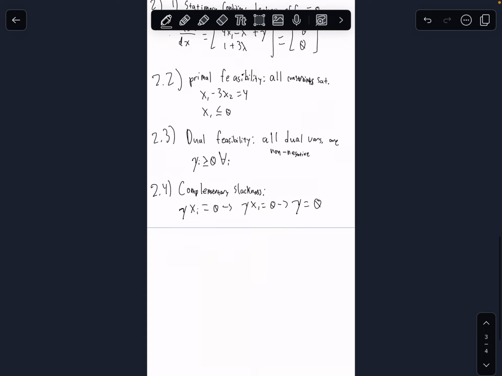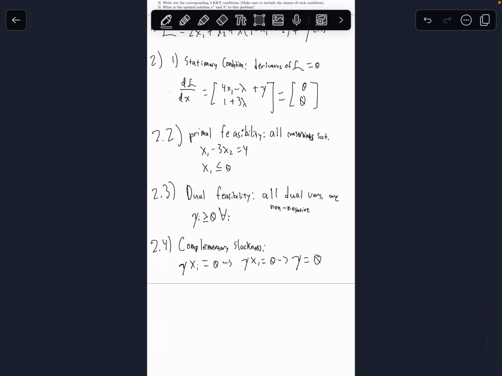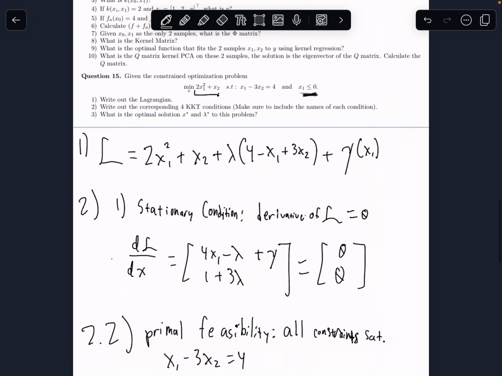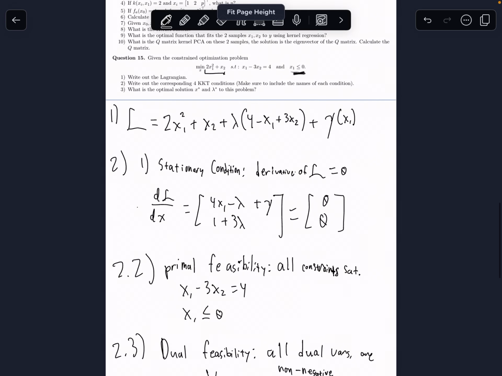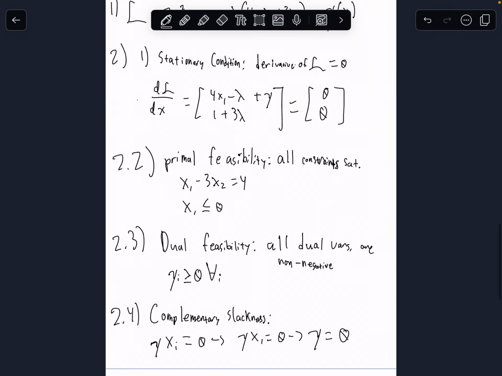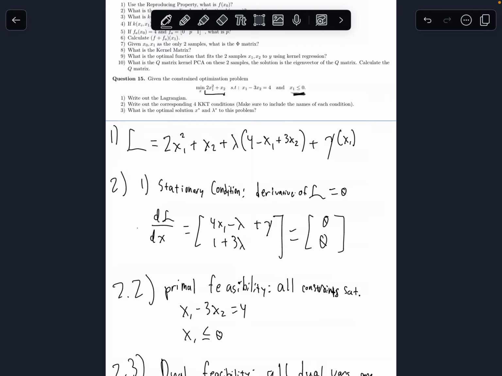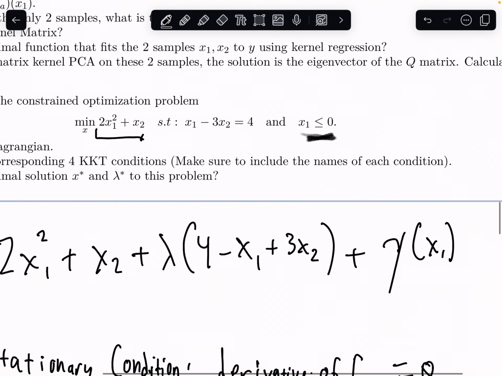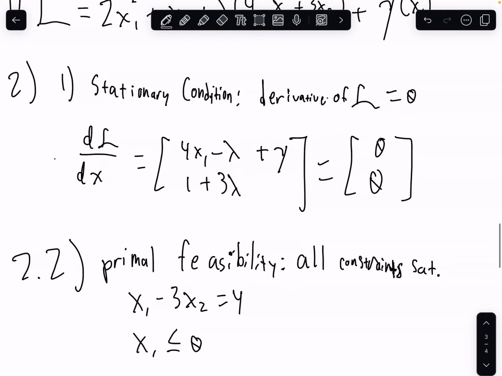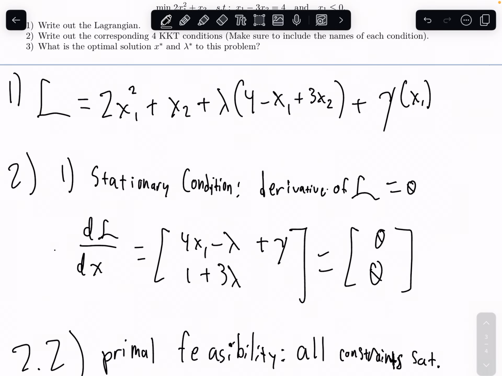If we reason through this, complementary slackness is really the principle that one of our such that's needs to be equal to 0, and because x1 is not going to be 0, that constraint is non-active, so gamma here is going to be 0.